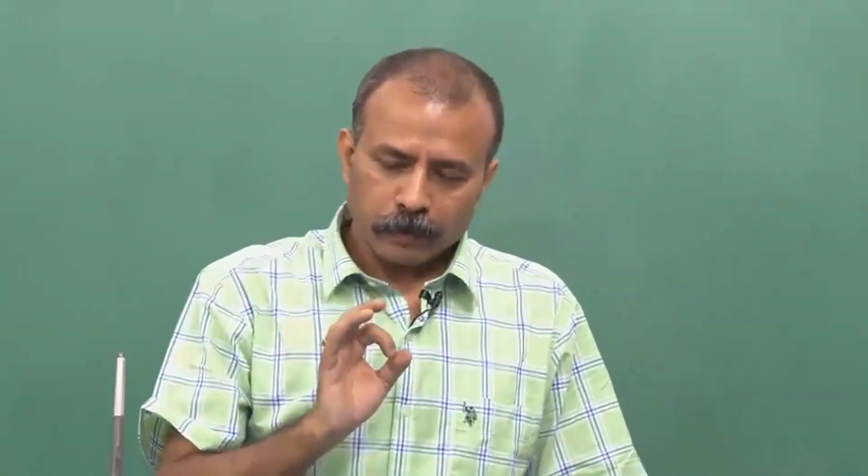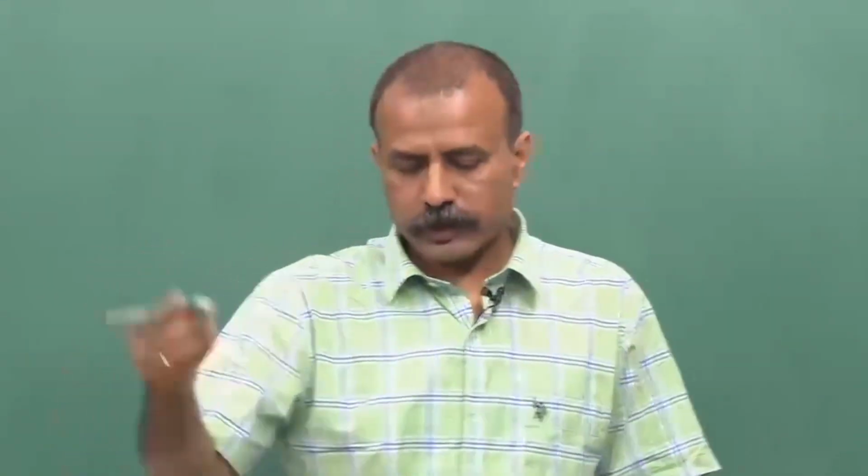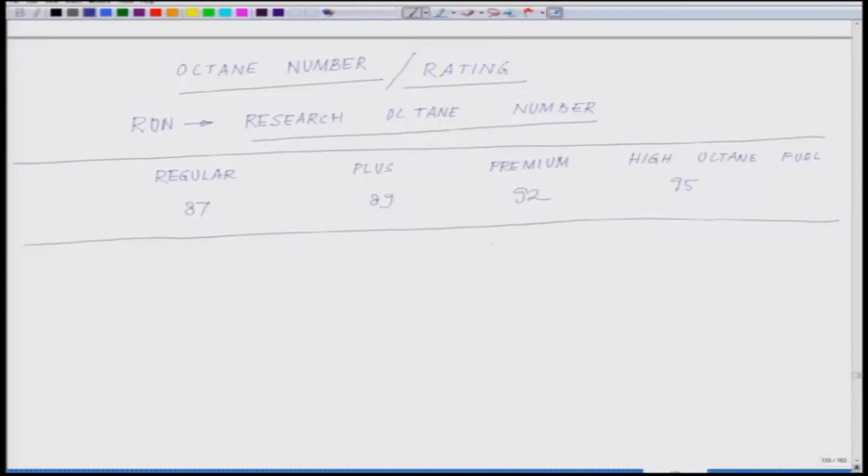Most of these fuel engines or gasoline based engines are of two categories. Today we will first talk about the different kinds of engines. Either you will have a spark ignition engine, or you will have a compression ignition engine.